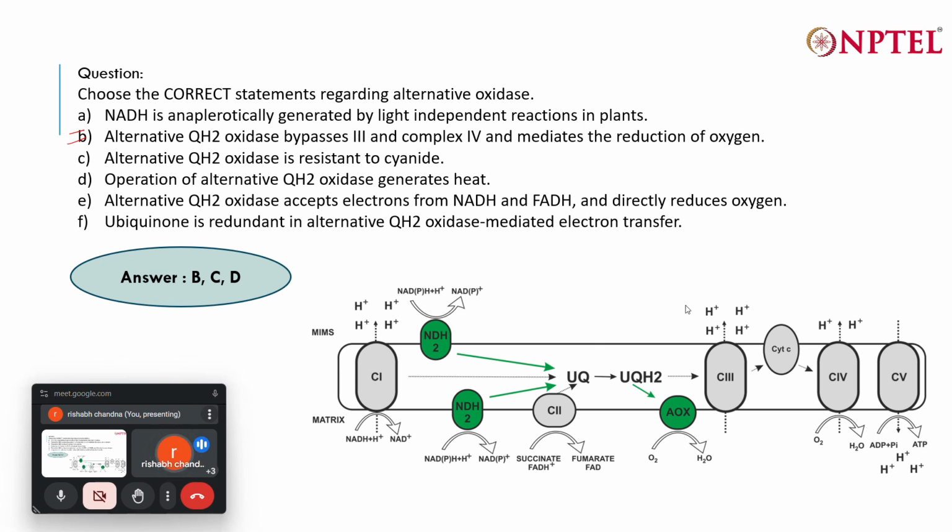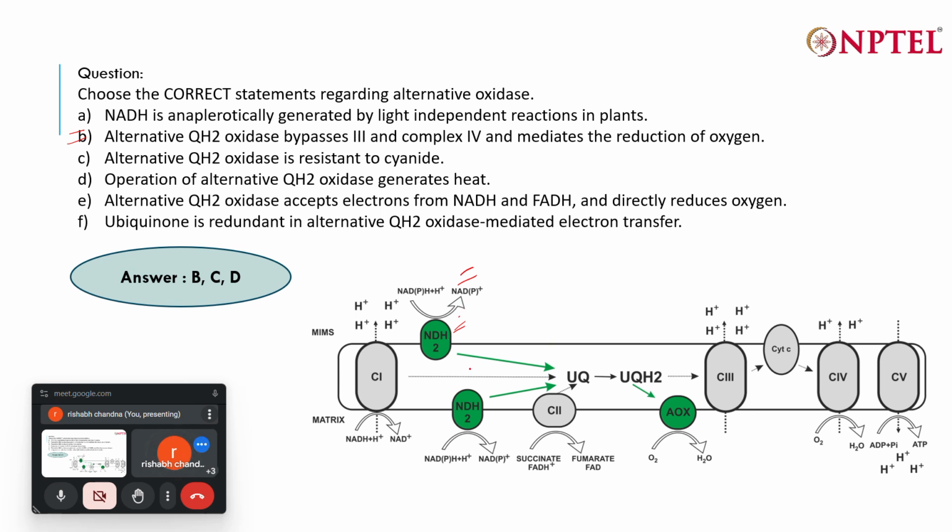Alternative oxidase is basically this one that is present towards the outer leaflet of the inner membrane, which is facing towards the outer membrane of the mitochondria.